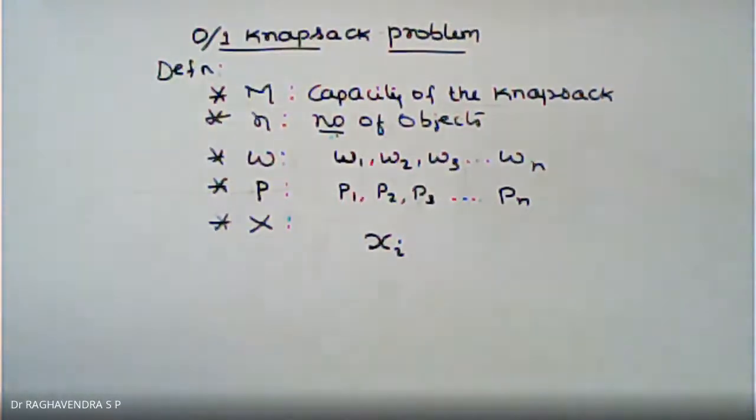And a 1 in Xi means the ith object has been selected. Full stop.